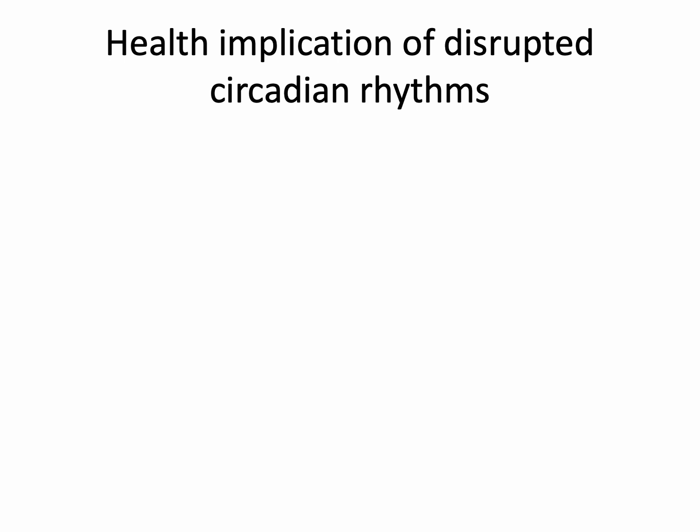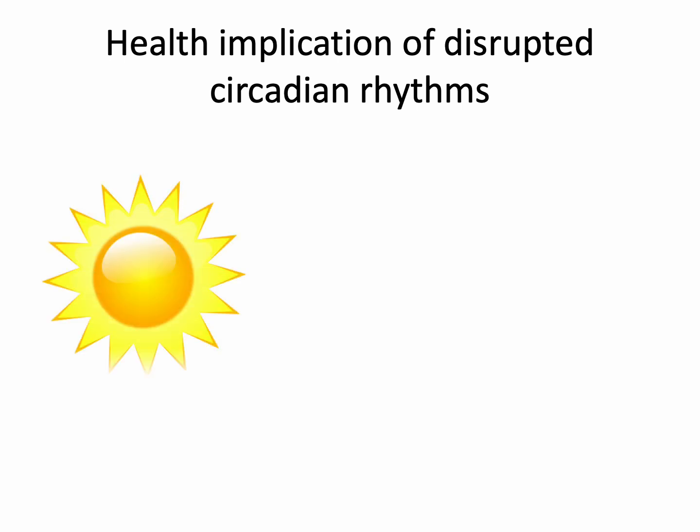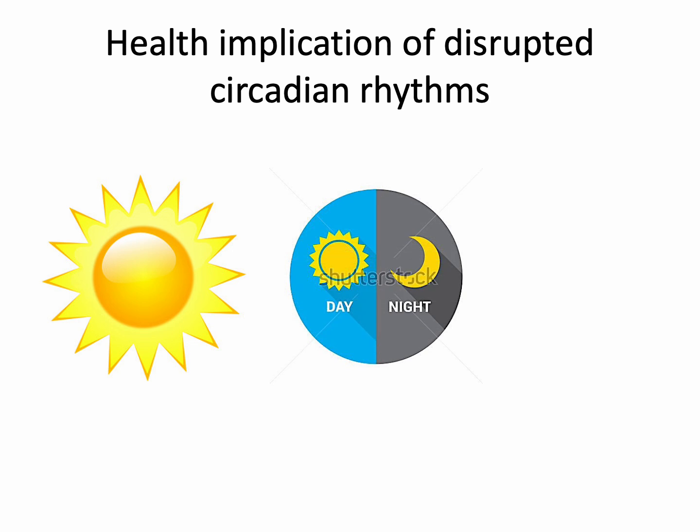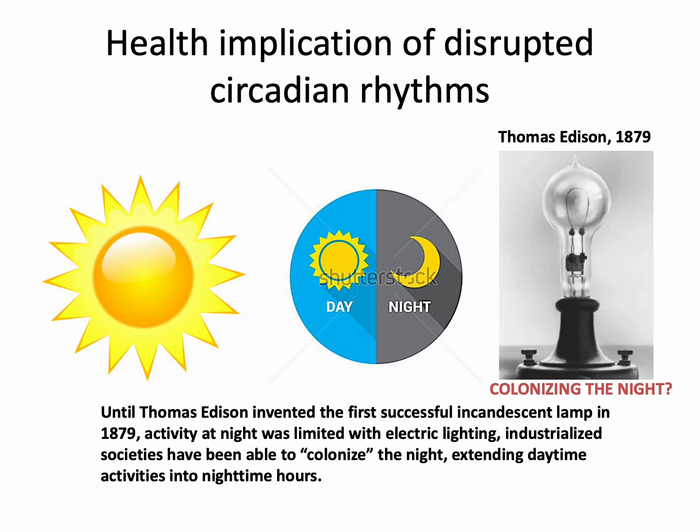Number one, for many thousands of years, the sun was our only source of light, and human behavior followed a natural day-night cycle. This environment began to change approximately 150 years ago with the invention of incandescent lighting by Thomas Edison.